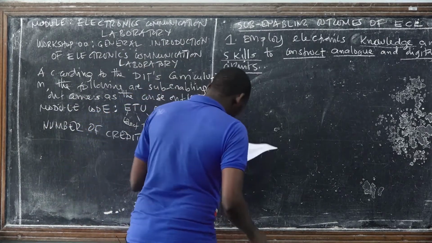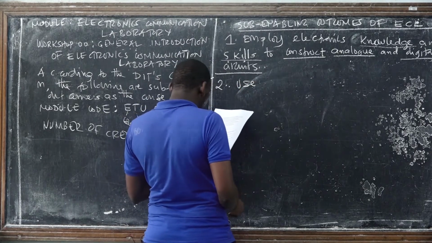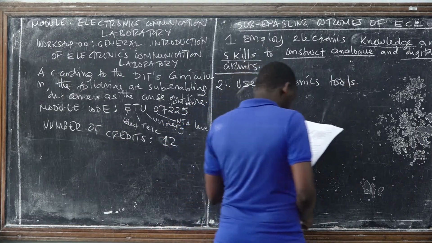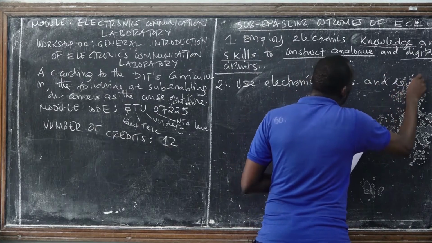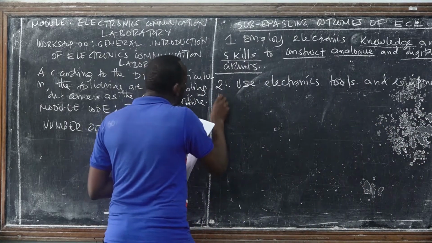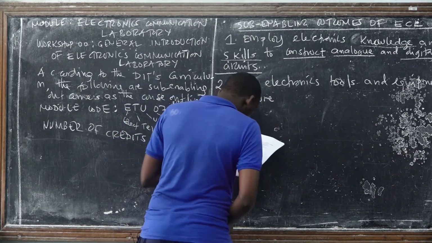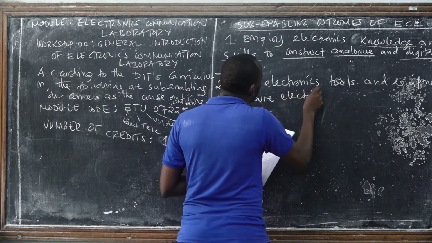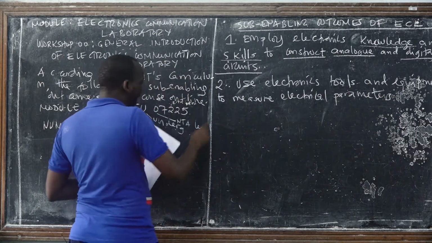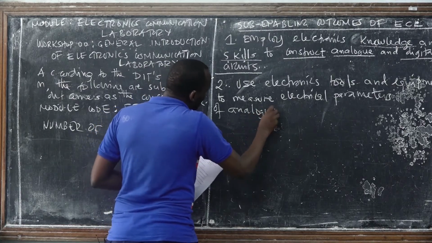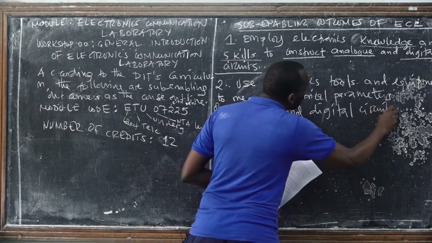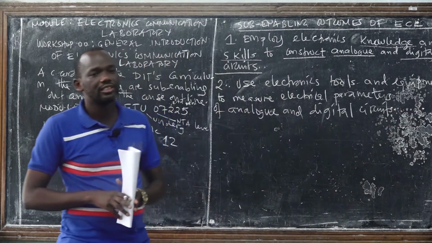Number 2, the second sub-enabling outcome. A student has to be able to use electronics tools and equipment to measure electrical parameters of analog and digital circuits.